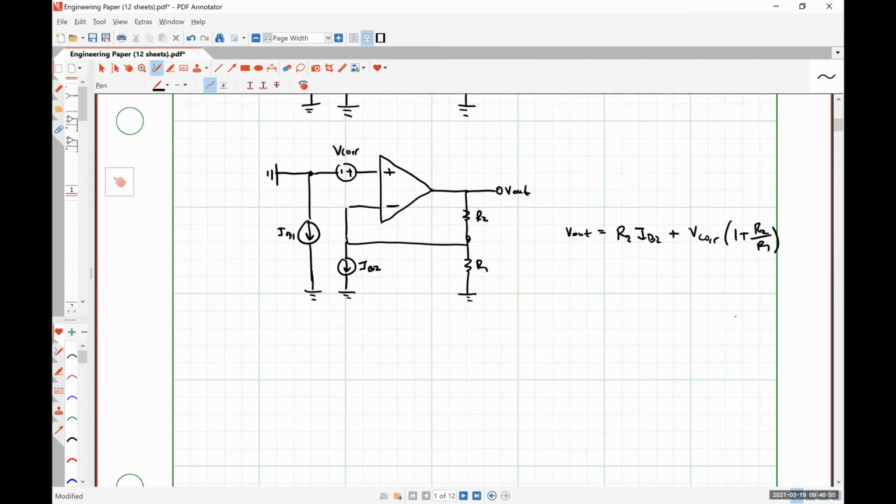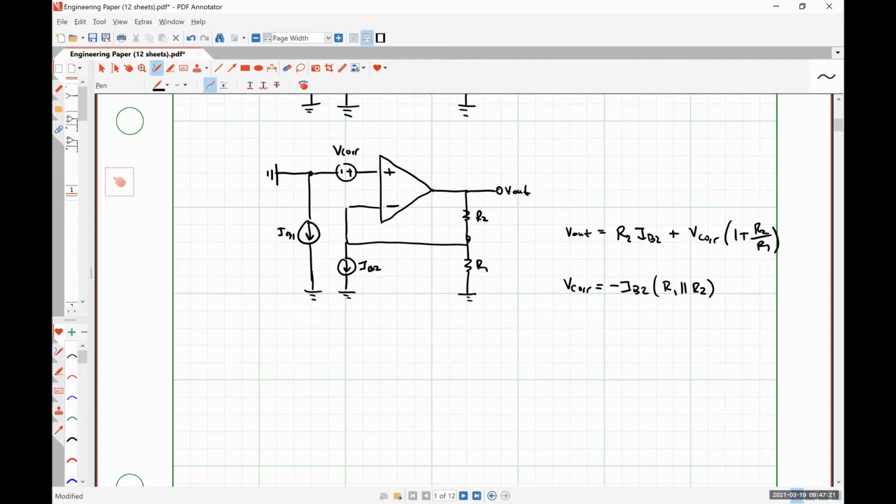We effectively move this to the other side with Vout equal to 0, set them equal to each other, right? That's what we're trying to do. And so we find that our corrective voltage that we need to apply, V correction, is negative IB2 times R1 in parallel with R2.